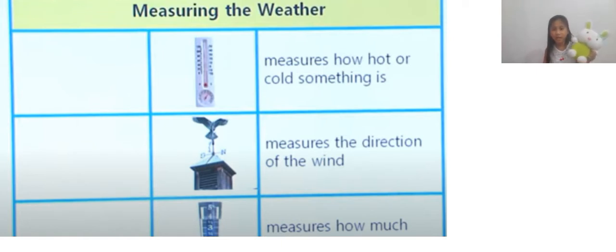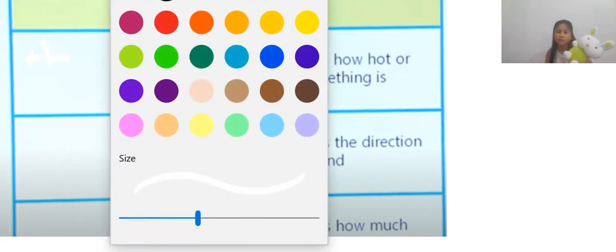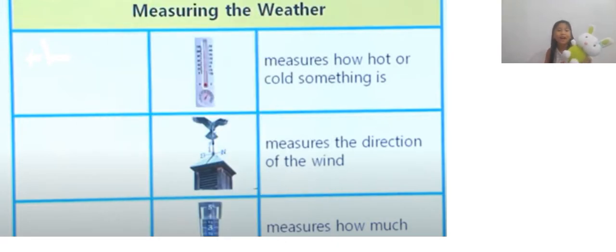Thermometer. Okay? I don't think that I can write this word right now. Thermometer. Okay. So who can write this word? Thermometer? Write it in the chat box, please. First, type in the number 1, then type in the word.